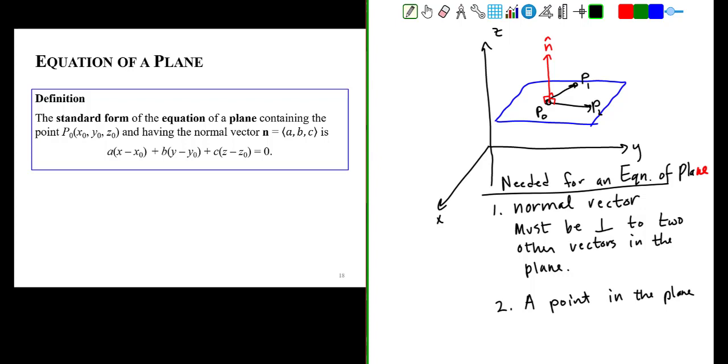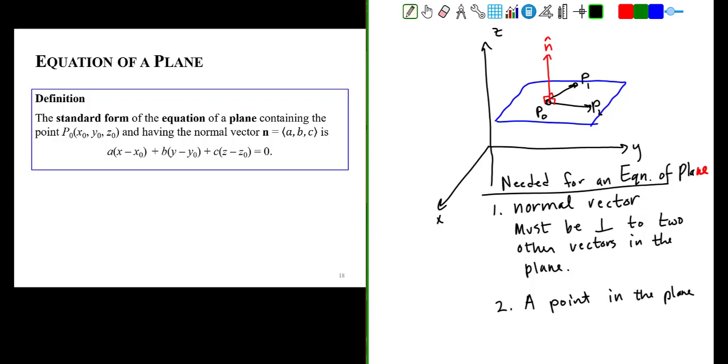However, this equation contains information about the normal vector, and it contains information about at least 1 point in the plane. Let's look at this. The normal vector n has components a, b, c, the first, second, and third components respectively.